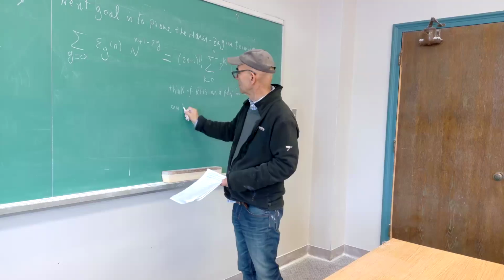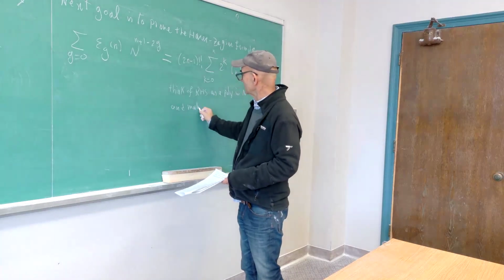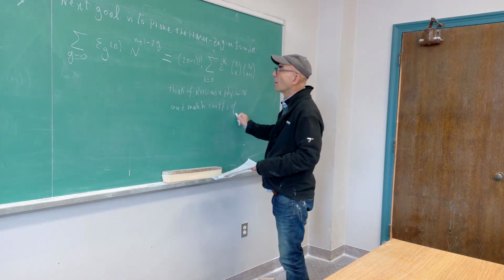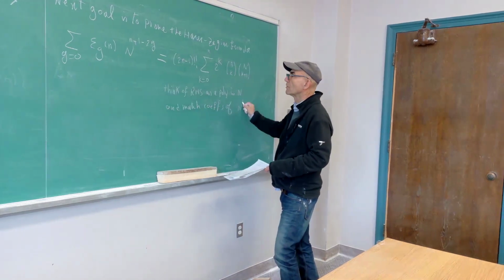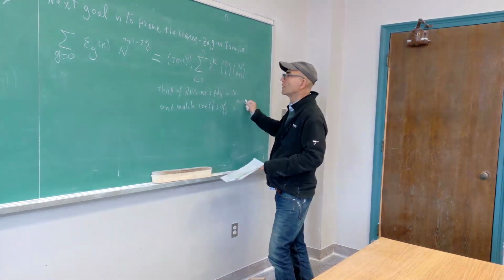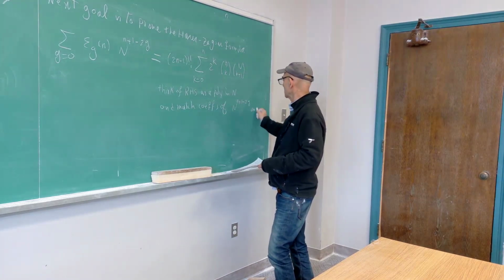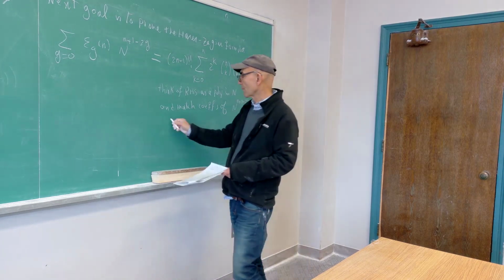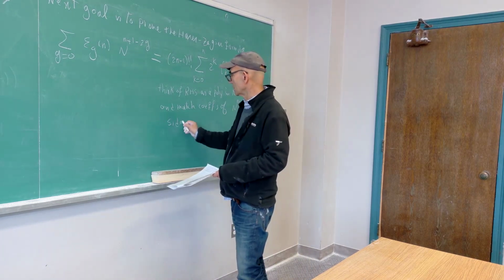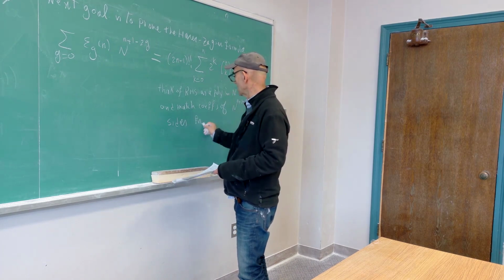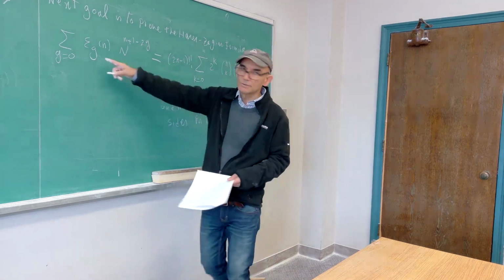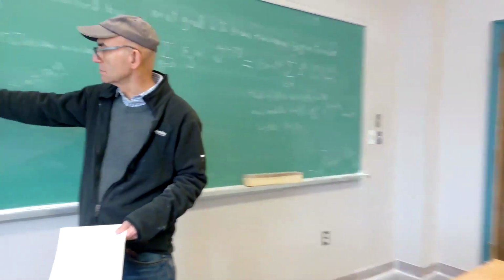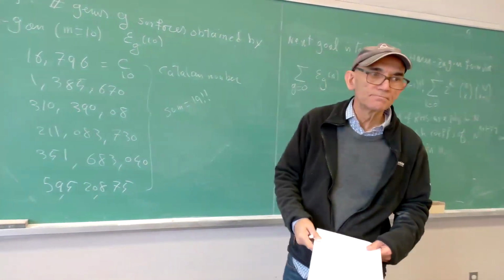Match coefficients of n to the power n plus 1 minus 2g on both sides for different values of n, and then you get epsilon. You can write a simple code to compute this.